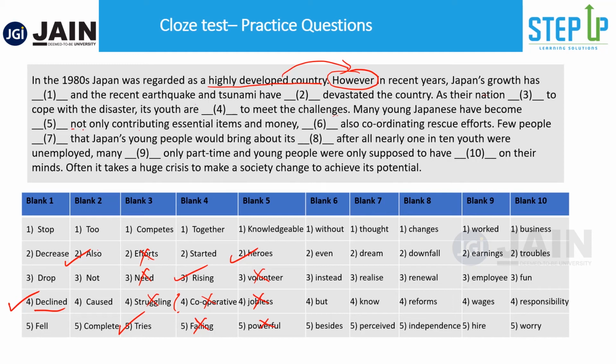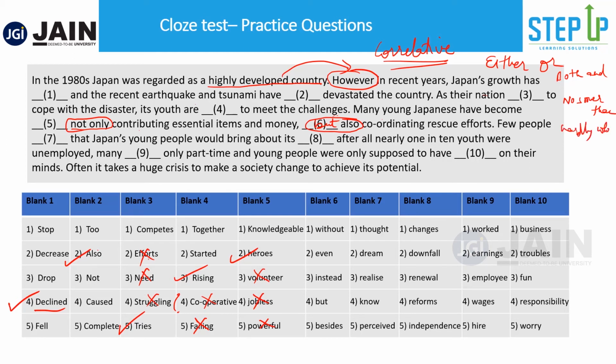So now see, not only contributing this but also contributing this. Now this is a case of correlative conjunctions, right? Like how you know some words always go together. For example, you have your either or, you have your both x and y, you have no sooner than, hardly when.